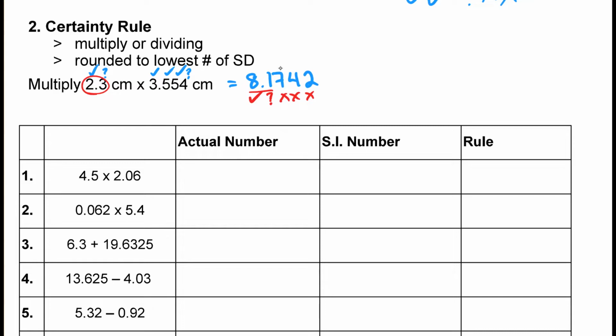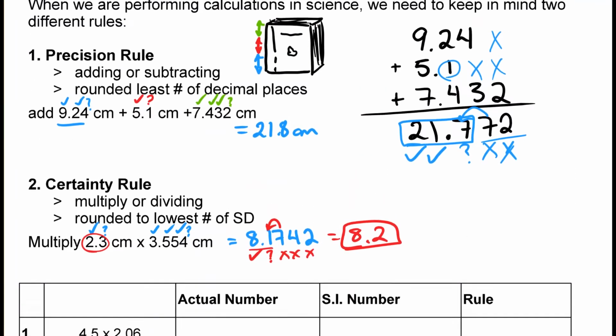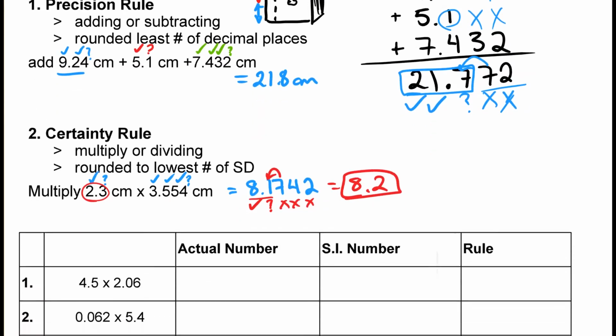Correct, absolutely. It should round up to be 8.2. Do you see how the adding and subtracting and the multiplying and dividing are separate, different rules? One deals with lowest number of decimal places, one deals with lowest number of significant digits.